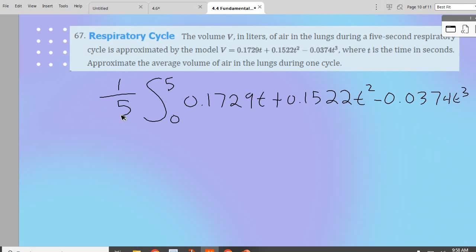And then also remember you will have a non-calculator active portion of your test. So you need to know how to do this by hand. But you also want to know how to do it in our calculator, because we don't want to spend time calculating all of this. What's going to happen on my test and the AP test, if it is a calculator active portion, it is going to be 1 point that you set up an integral, and then 1 point for the final answer.